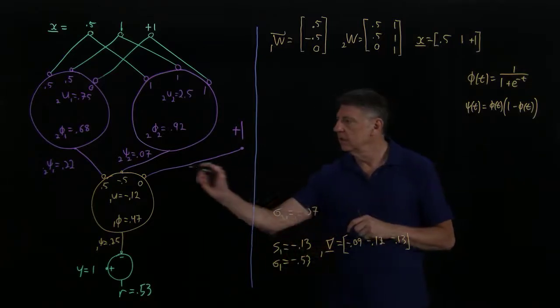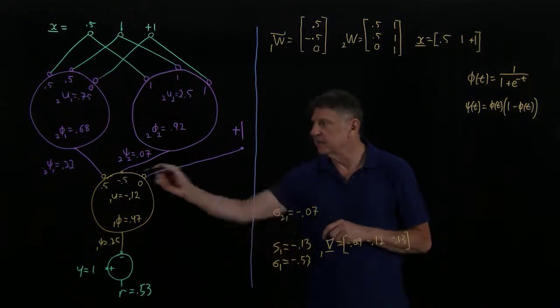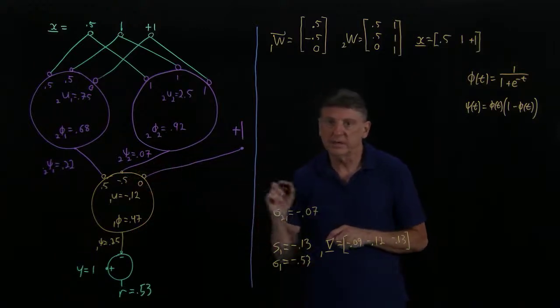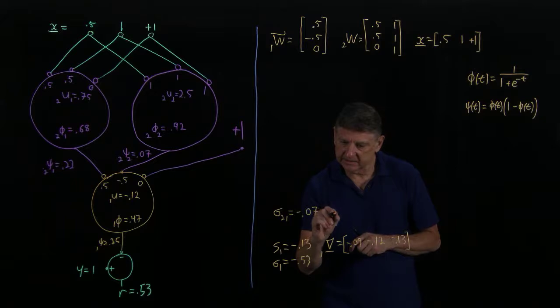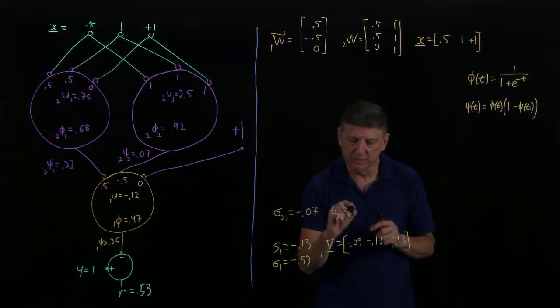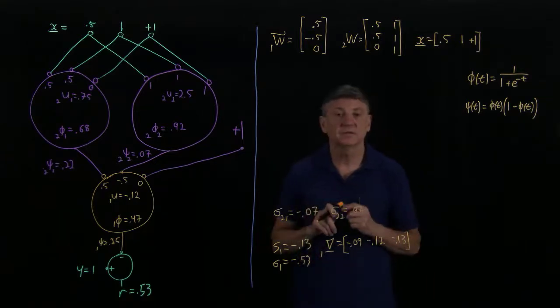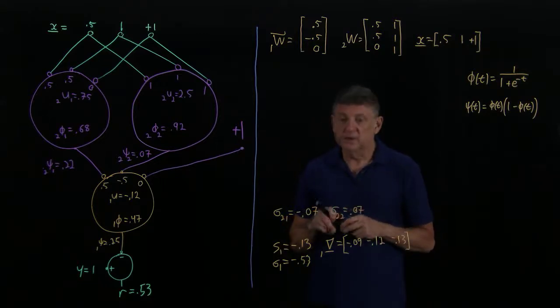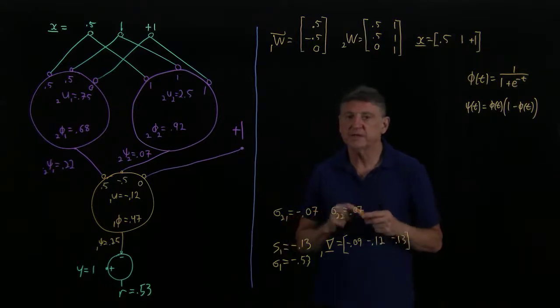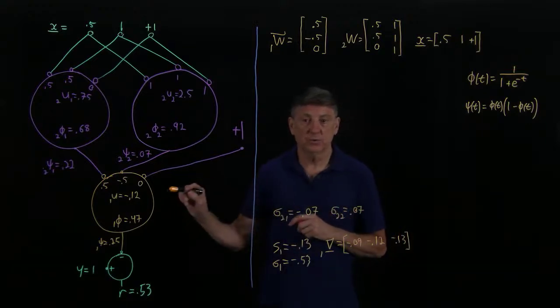And then what this neuron sees is this scale factor times that weight, so that is sigma 2, and that is, I'll omit the plus sign, 0.07 because those negatives have canceled. So that completes the computations that we can perform based on the output neuron.